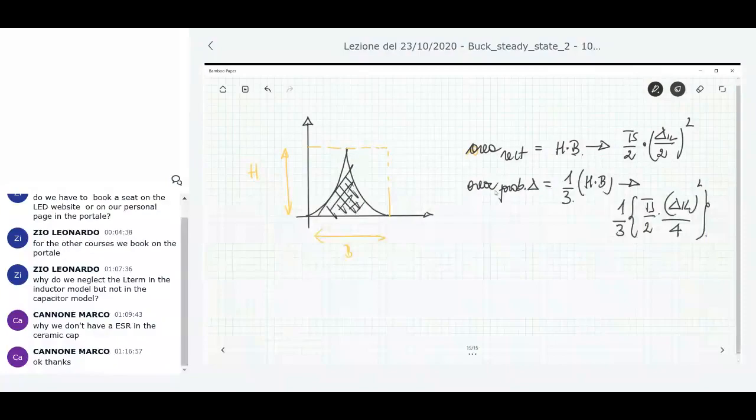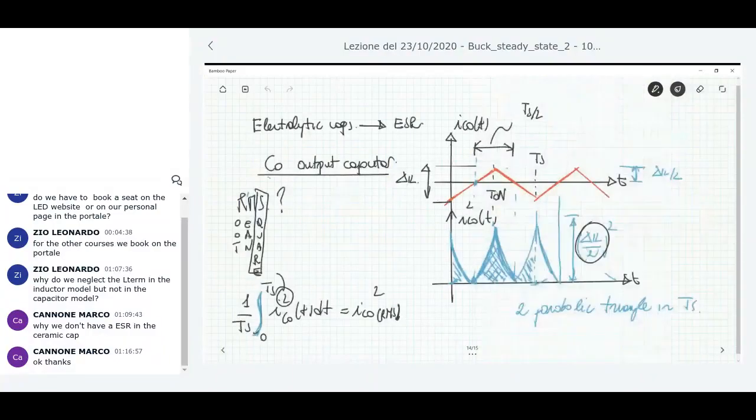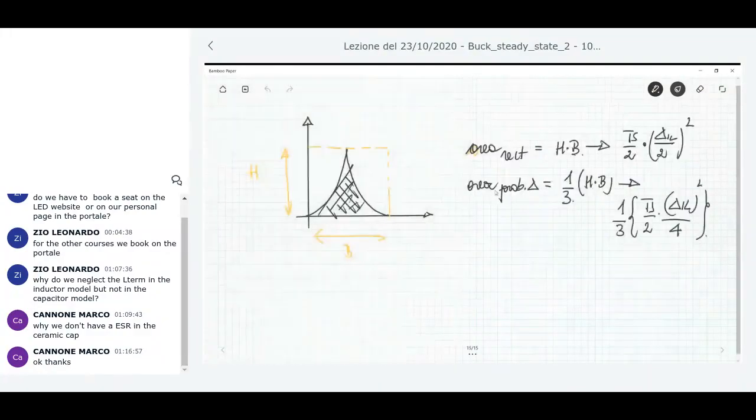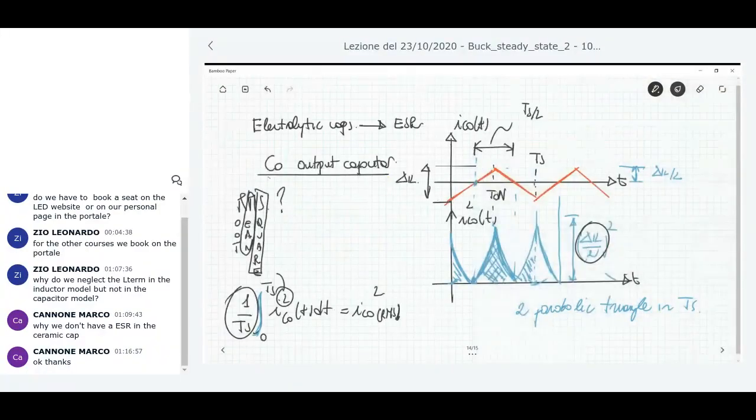Now we have to get the mean value, so we have to average over Ts. How to get the average over Ts? You have to know how many triangles you have in a Ts. I said there are two parabolic triangles in Ts.